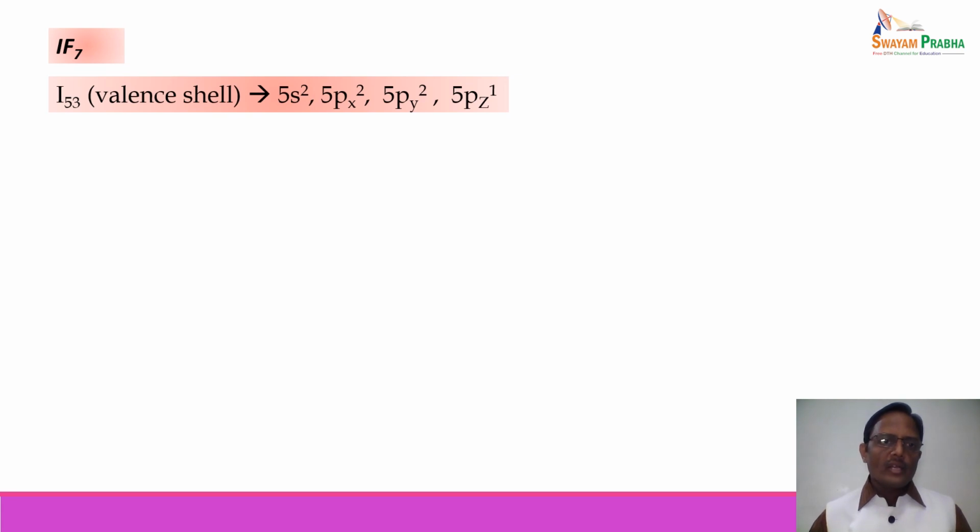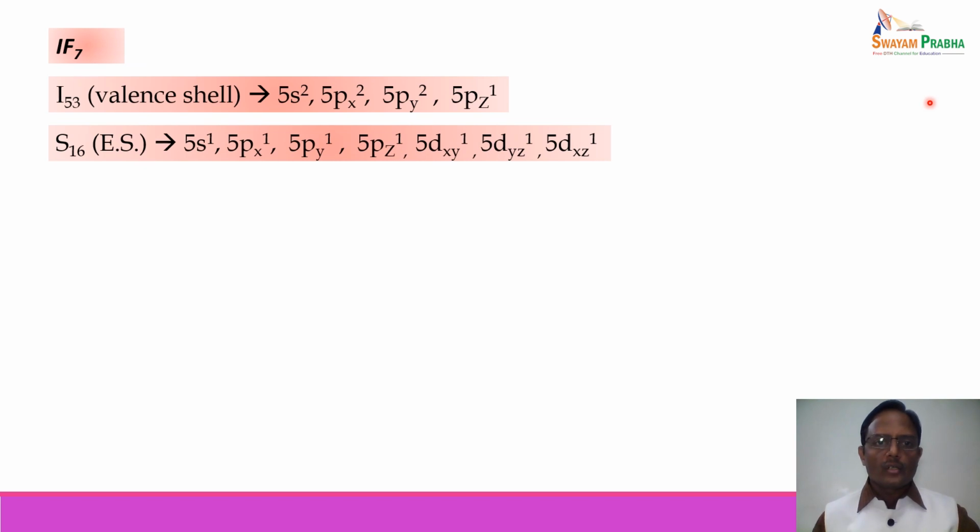Iodine, having atomic number 53, has valence shell electronic configuration 5s2, 5px2, 5py1, 5pz1. But since it has to show heptacovalency, it has to undergo excitation, leading to formation of 7 unpaired electrons in 5s1, 5px1, 5py1, 5pz1 and 5dxy1, 5dyz1 and 5dxz1.